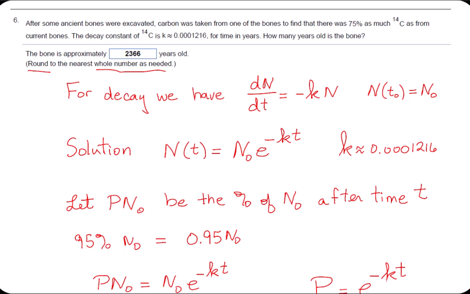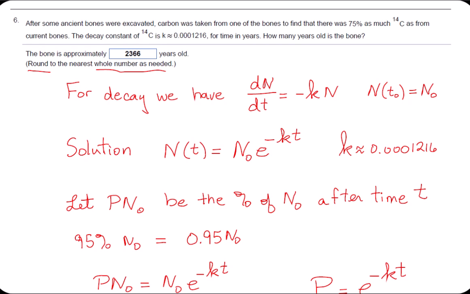Okay, we continue with the second half of the video on section 1.4. In question 6 here, we have some carbon 14 dating. It says after some ancient bones were excavated, carbon was taken from one of the bones to find that there was 75% as much in there as from current bones.